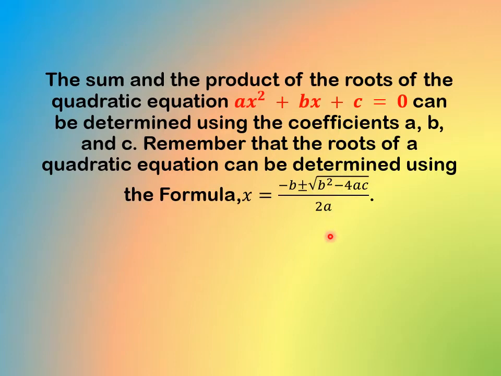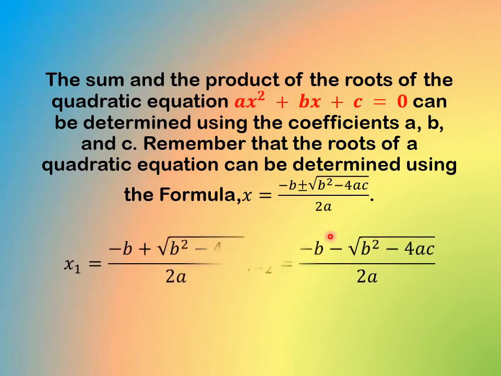Okay, so ito na yung ating madaling paraan. Okay, so for x sub 1, we have negative b plus the square root of b squared minus 4ac over 2a. For the second root or x sub 2, we have negative b minus the square root of b squared minus 4ac over 2a.